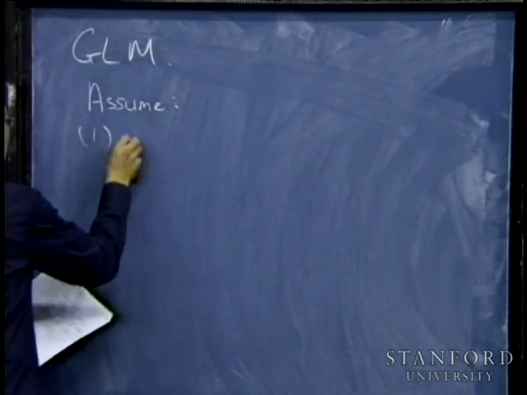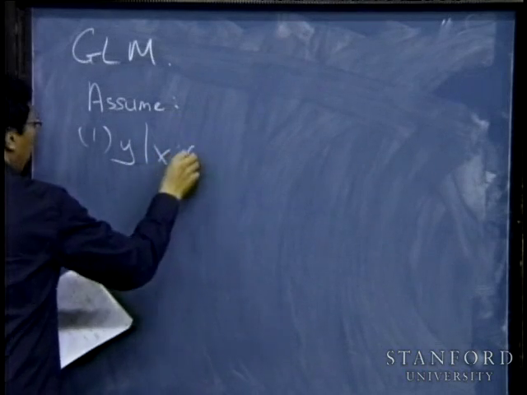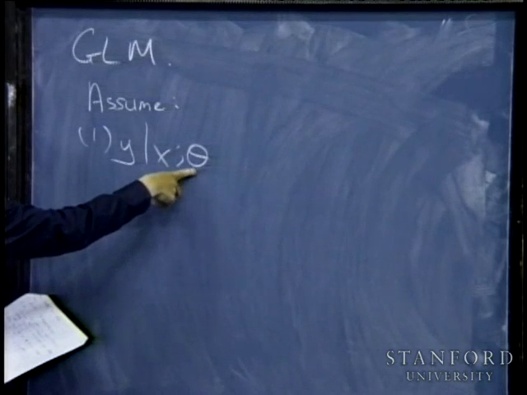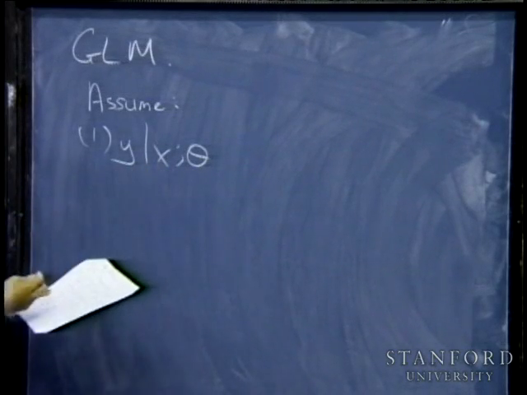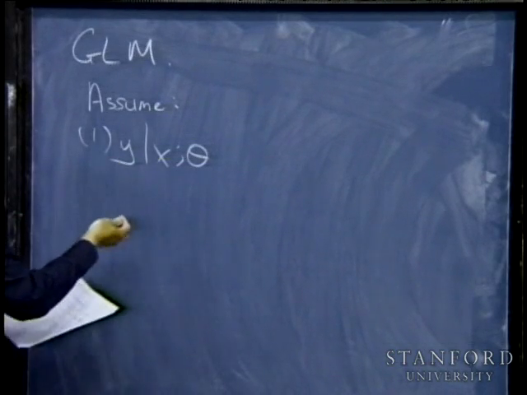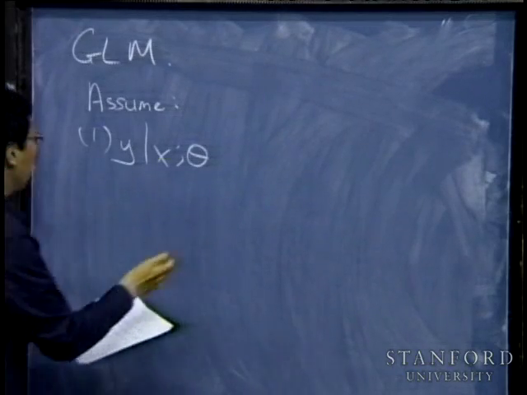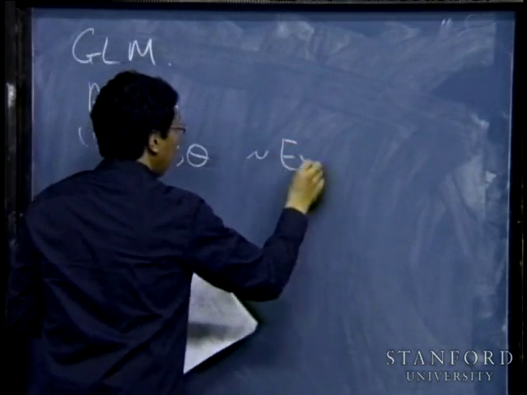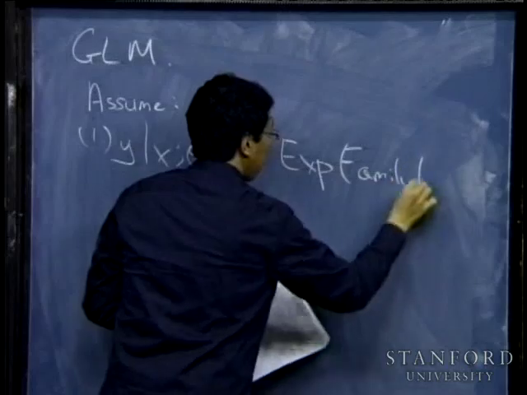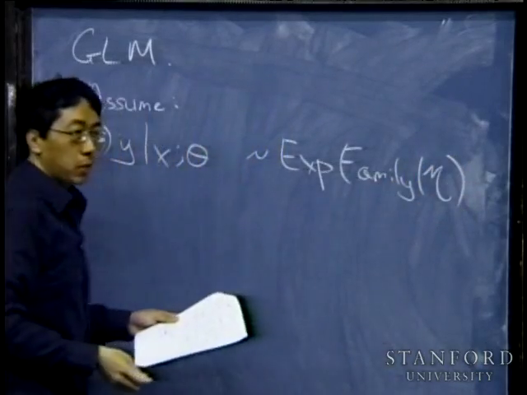So the first one is I'm going to assume that, given my inputs x and my parameters theta, the output y, or the response variable y I'm trying to predict, is distributed exponential family with some natural parameter eta.